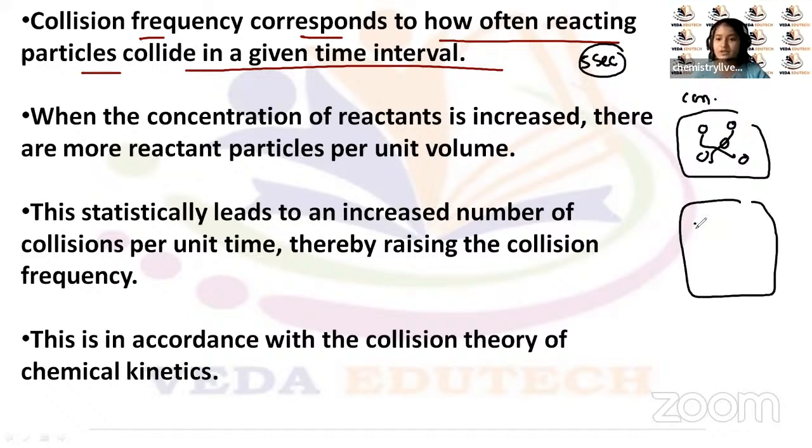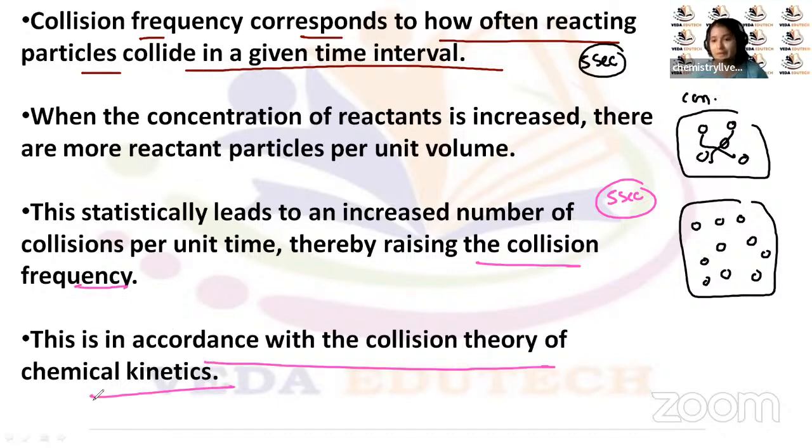Suppose I change the concentration and make it 10. There are more molecules. Now, within the same 5 seconds, as there are so many particles here, there is an increased probability that there is going to be at least one more collision within those 5 seconds, right? So when you increase the concentration, your collision frequency increases. This is in accordance with the collision theory of chemical kinetics.